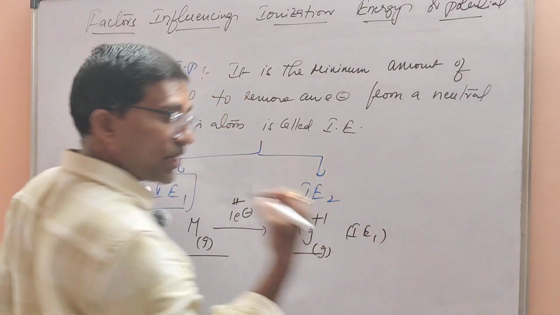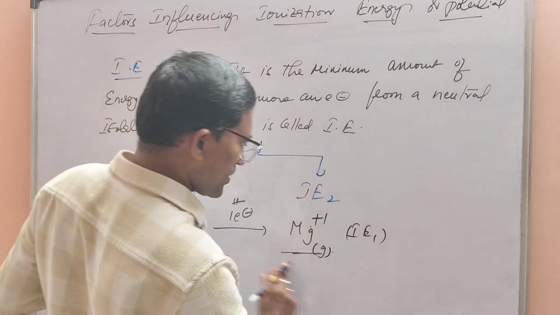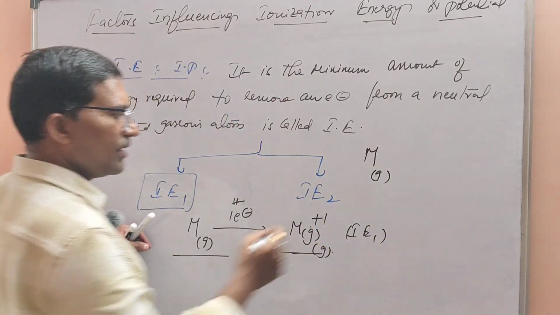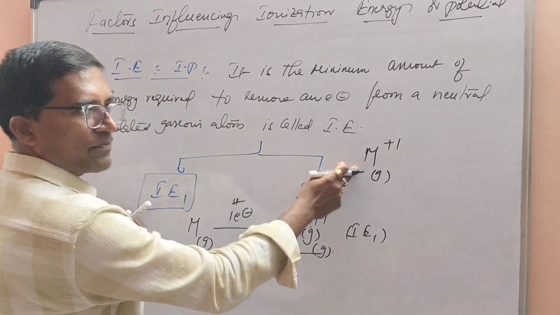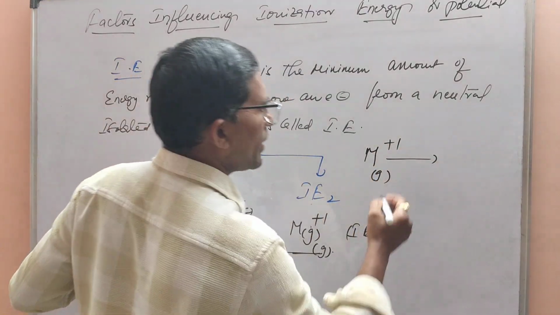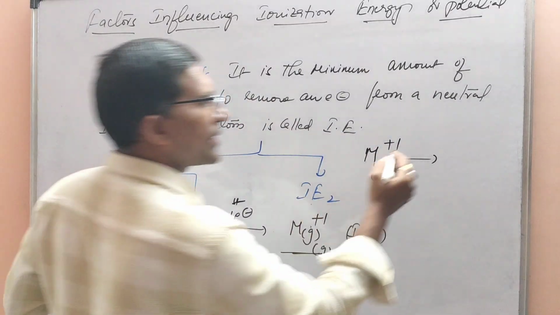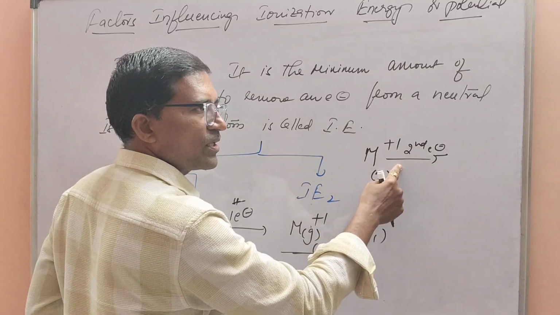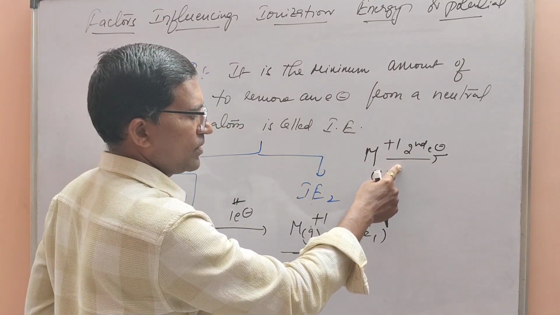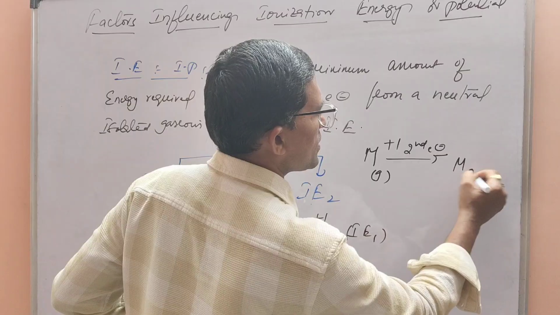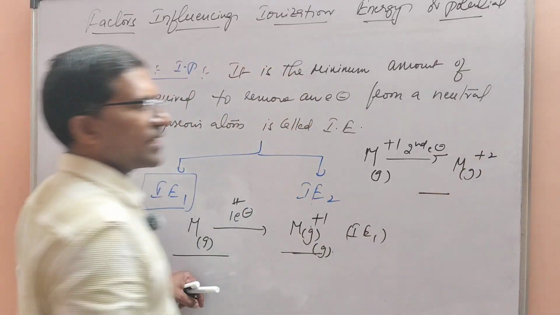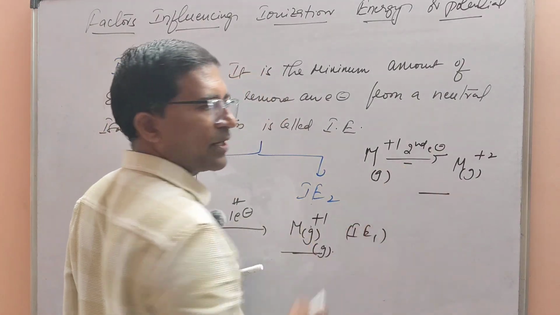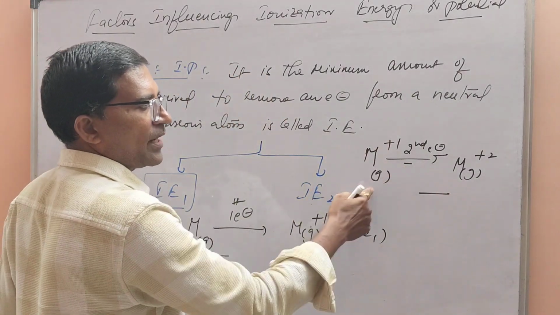It is the amount of energy required to remove the second electron. Consider M as some element; it is a gaseous uni-positive ion. The energy required to remove the second electron from a uni-positive gaseous ion to convert it into a di-positive gaseous ion is called the second ionization energy.